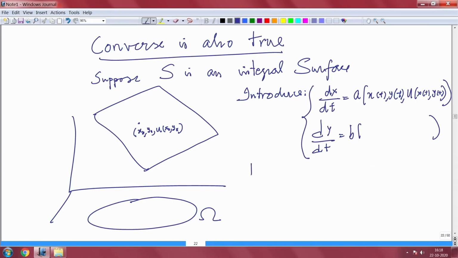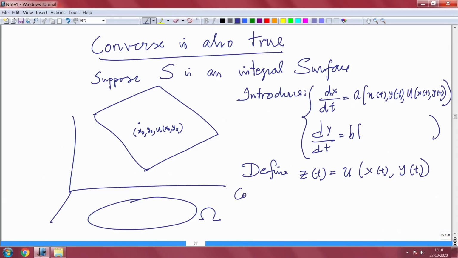Now you define the third part, z(t) equal to u of x(t), y(t).